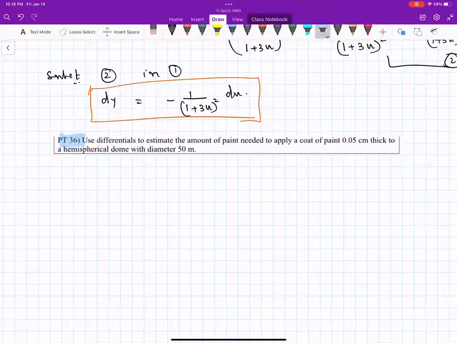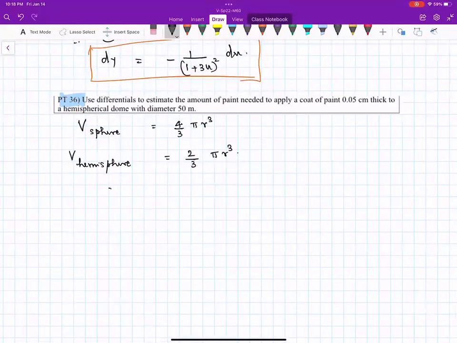Let's start off with the hemispherical dome and its volume. The volume of a sphere is 4/3 pi r cubed. So the volume of a hemisphere is half of it, which is 2/3 pi r cubed.